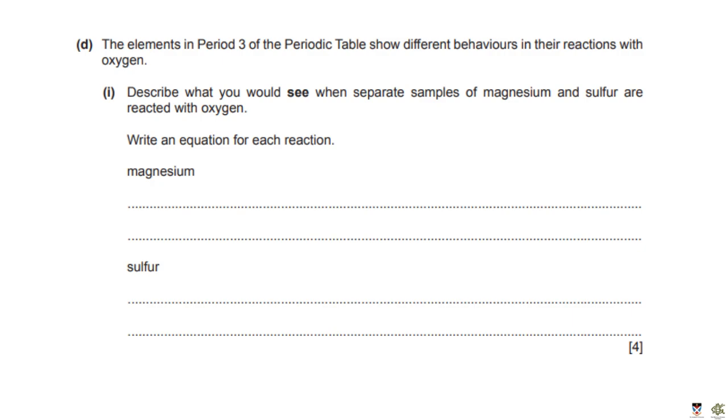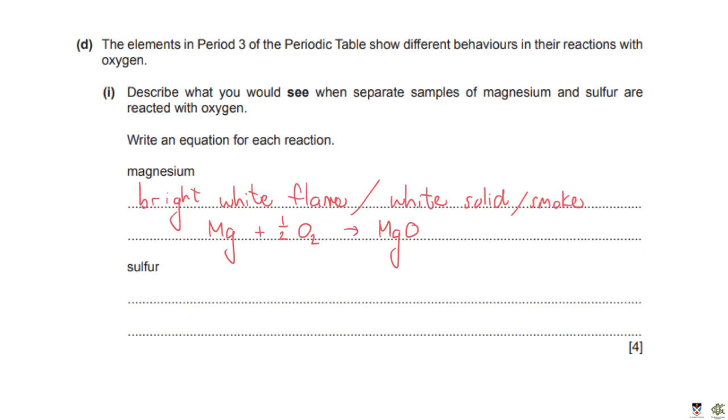So for magnesium, that's probably the easier one of the 2 at this stage. We know that magnesium burns with a bright white flame and eventually forms a white solid or a white smoke of magnesium oxide. And the equation for that will be the element plus oxygen forming the period 3 oxide, or MgO in this case.